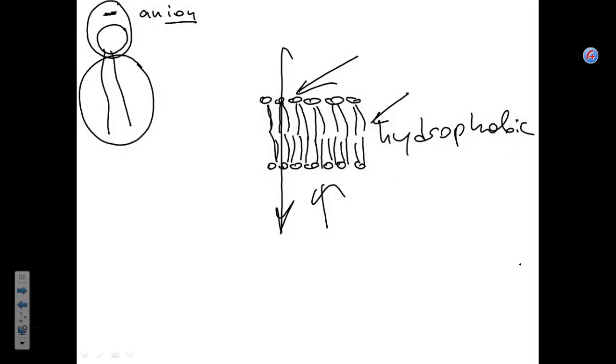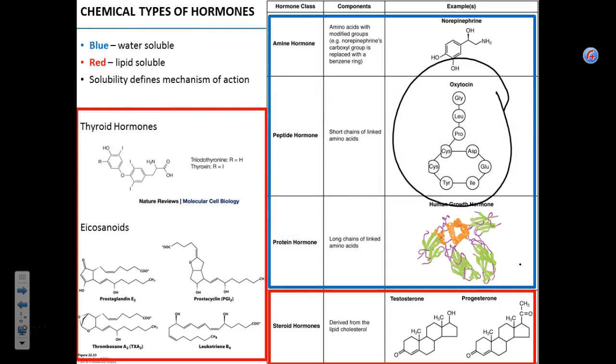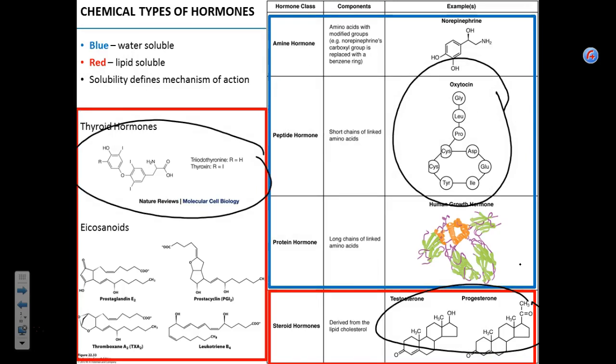You have to be hydrophobic, lipid-soluble, to go through. If you're hydrophilic, water-soluble, you're stuck on the outside. Does it make sense? That's really, really important. I'm going to ask about this on multiple occasions in quizzes and in the exam, so please understand that.